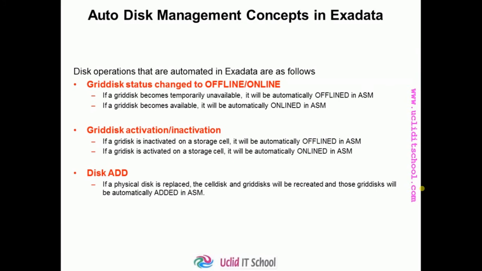And once you attach the new disk, the Exadata storage server automatically creates a cell disk, automatically creates grid disks, and these grid disks are automatically added to the disk group, without any intervention from the user. So whenever a hard disk fails, it is very simple. Just replace it. Let everything happen automatically.